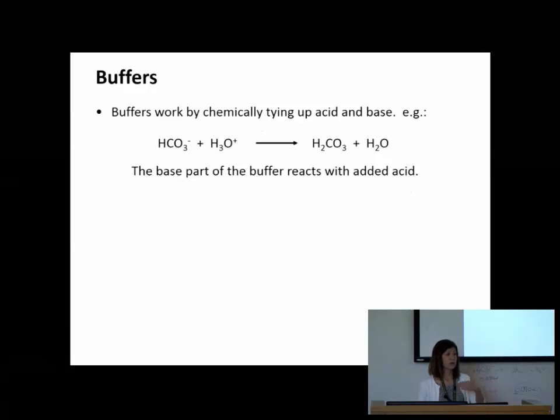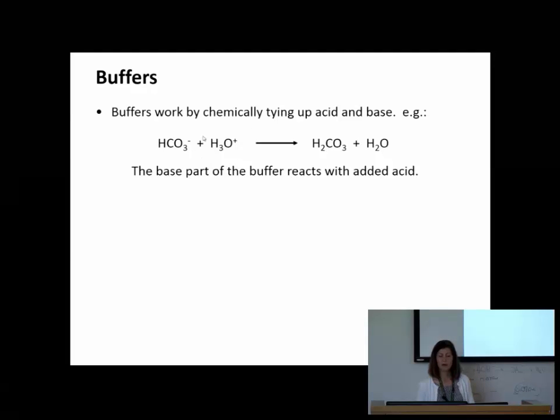What is the chemical reaction? So right here, this H3O is the added acid. We're not going to add more of the acid of the base. This is outside acid. So outside acid is added. You can do H+, I don't care, or H3O is fine.